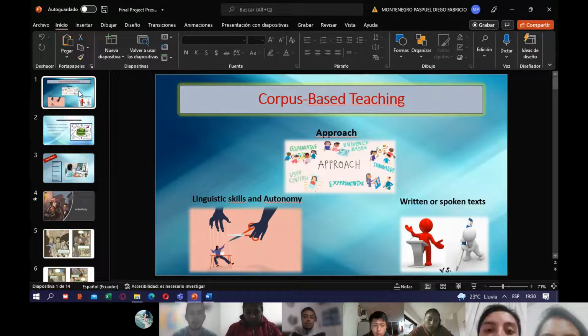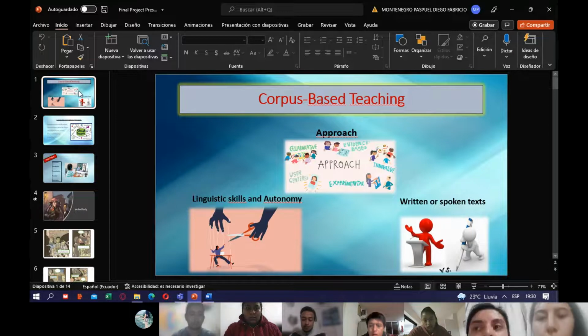A corpus is a large collection of written or spoken text that can be developed manually or electronically and be representative of authentic language data. What does that mean? This approach uses the data collection to evidence the patterns of the language, and in those patterns you see how to use the language correctly.